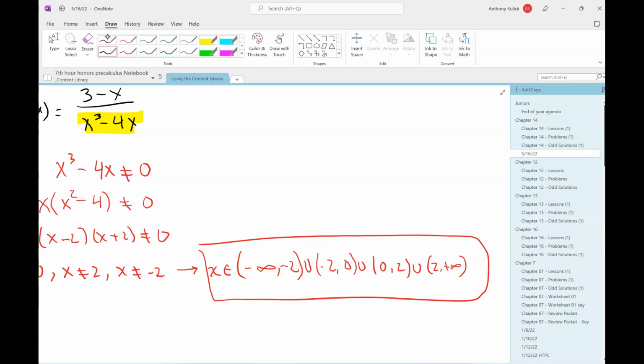Everybody happy with that? Again, the thing to really be careful about is you have to make sure everything is going from small to big, right? As you're writing all those intervals, the smaller number on the left, the bigger number on the right. As you look at the endpoints, they should be getting bigger as you move from left to right.